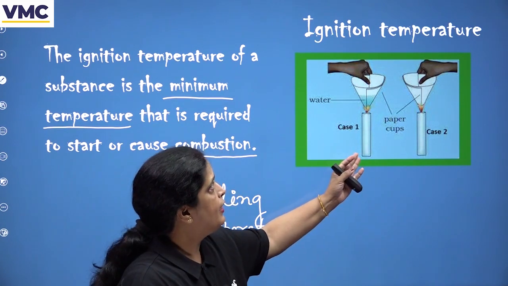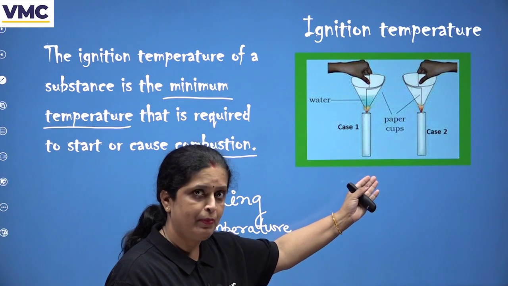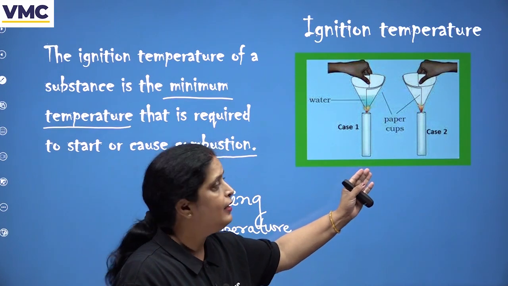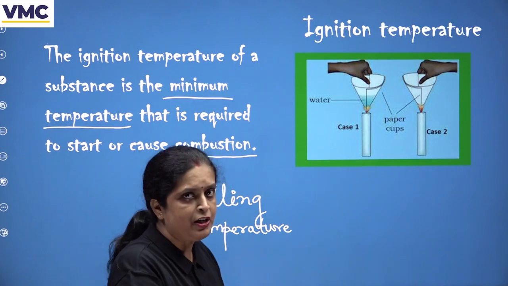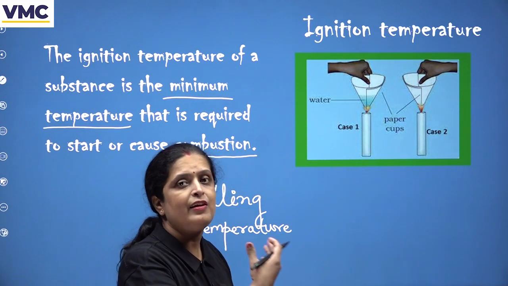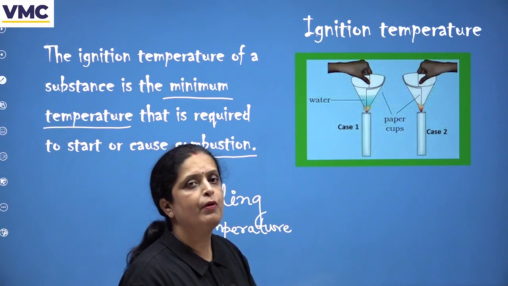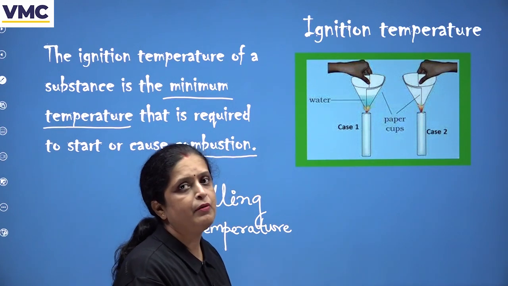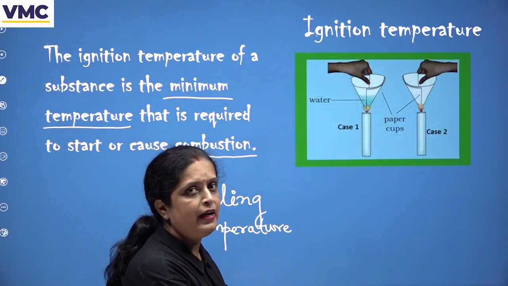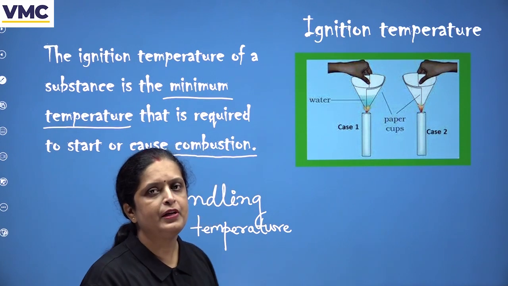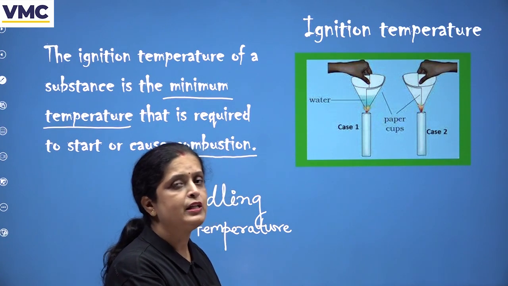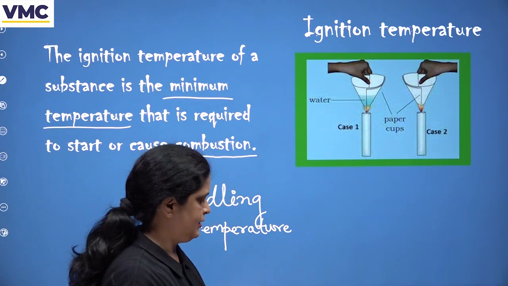But if it is a wet paper or a cup which is holding a little water in it, then the ignition temperature is increased and thus the paper won't burn. So it is such an easy experiment, but it means a lot to indicate that yes, ignition temperature is the minimum temperature required for combustion and varies from substance to substance.